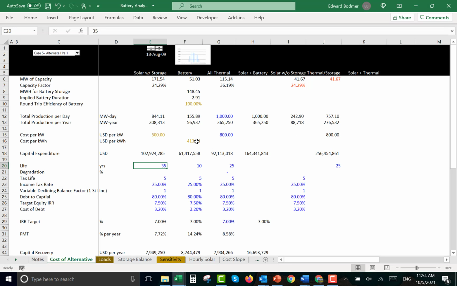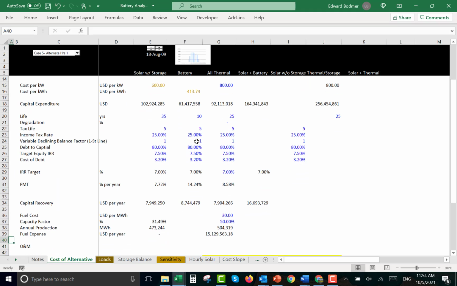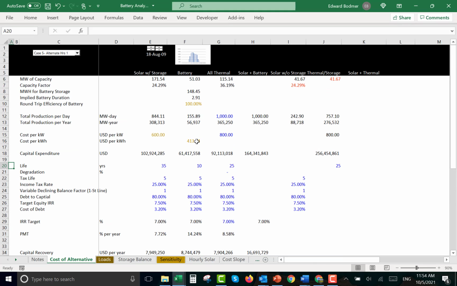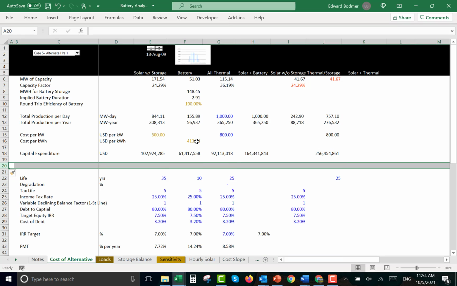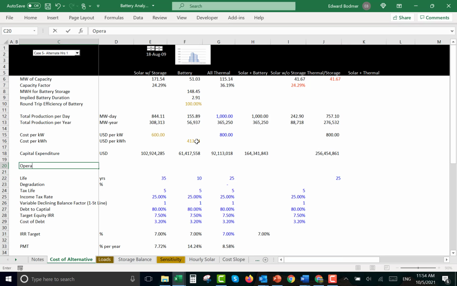So I'm just going to put that in, and perhaps you might want to dispute something like that. But let's put that over here as an operating expense percent, for the batteries. For the other ones, we'll do it differently.